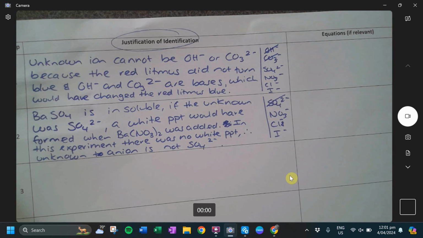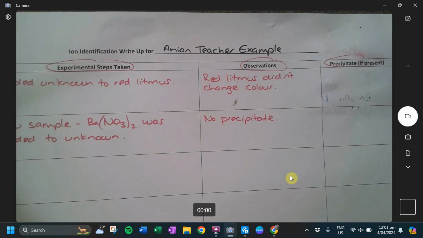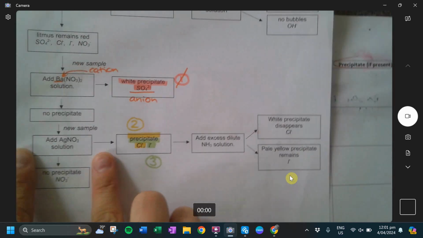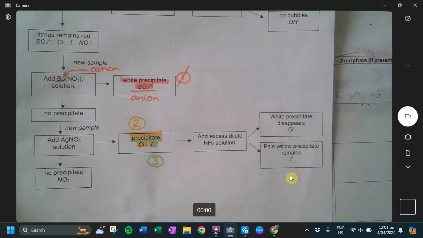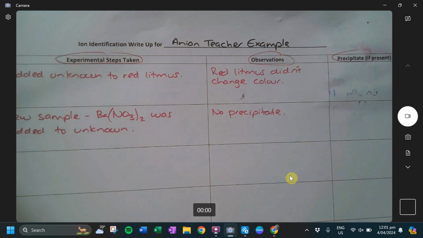Okay, so back to our page with our steps. If we look at the flow chart, I had no precipitate, so then what do I do? Add silver nitrate. Do I need a new sample? Yes, so I've cleaned out my beaker.